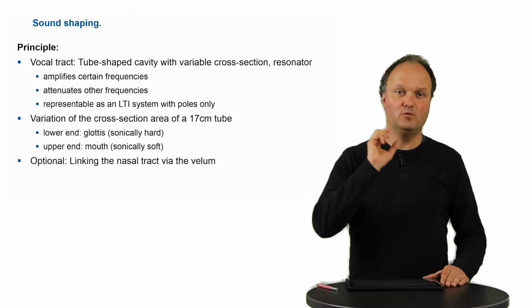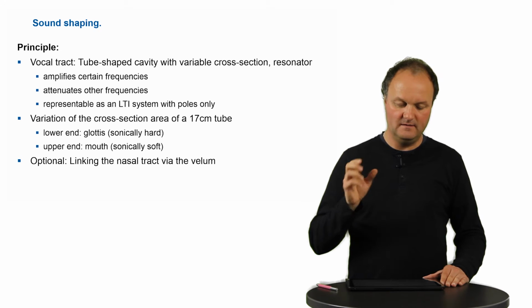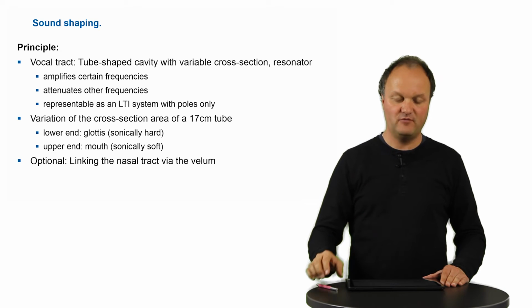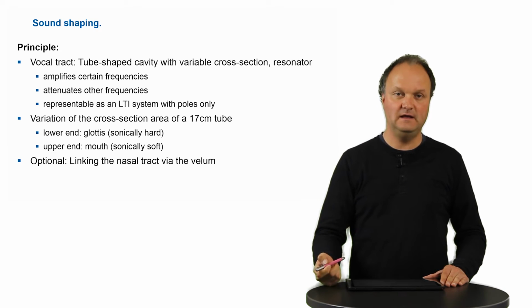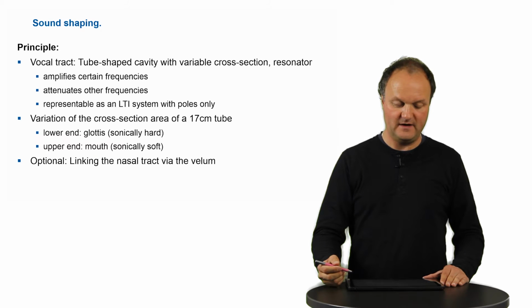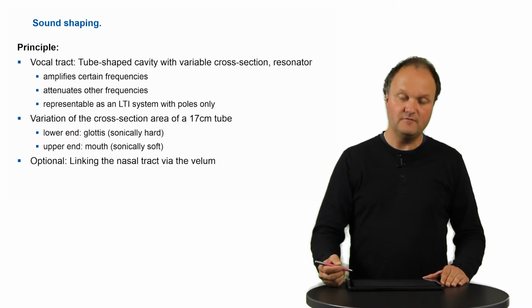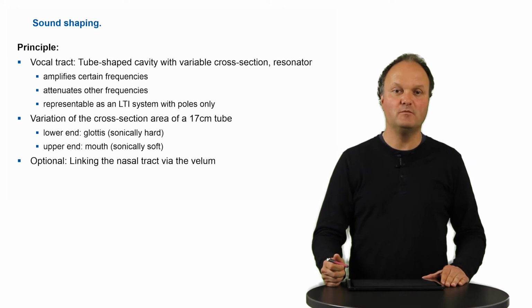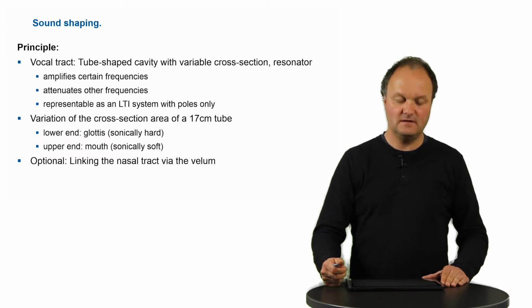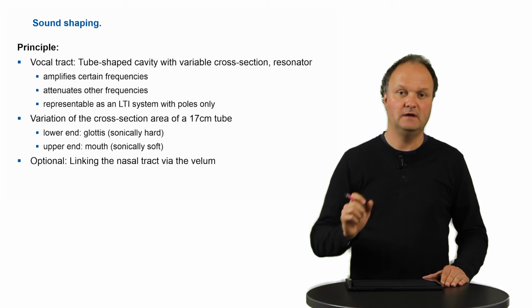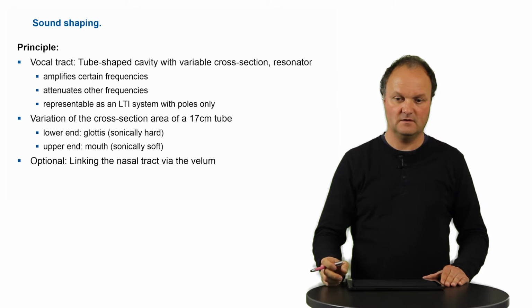And at the upper end, when you open your mouth when you speak, the airflow can evaporate, so we have a sonically soft ending at the upper end. This information is important if we want to model the human speech production process, as we will see later in this course. In parallel to the oral cavity, we can also link the nasal cavity via the velum, which is inside your cavities.